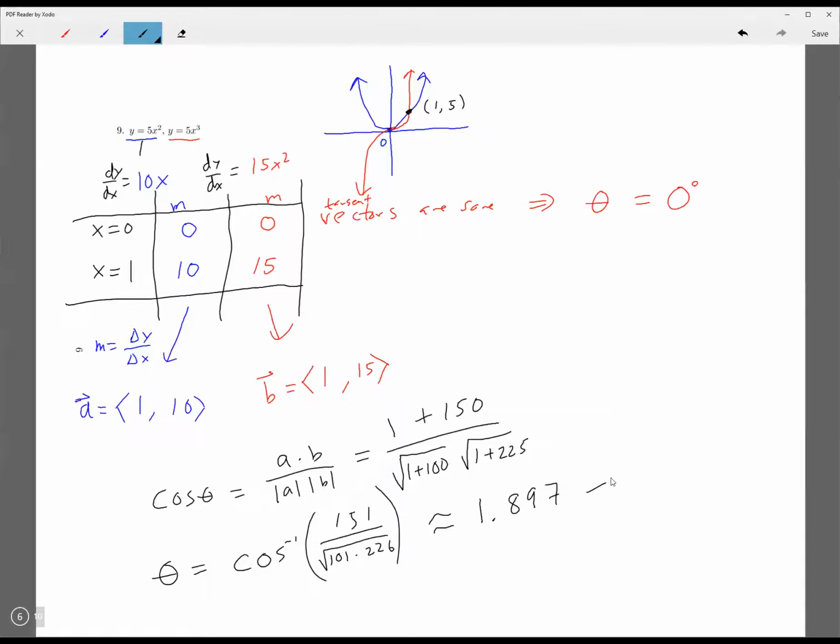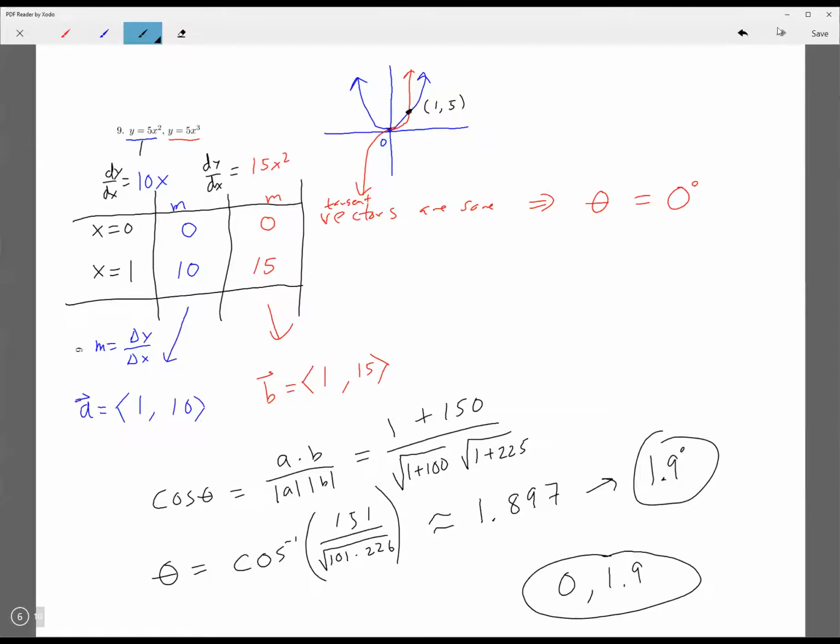Rounded to one decimal place, that goes to 1.9 degrees. Does that work? Whoa. Well, it works. Okay, so the answers are 0 and 1.9.